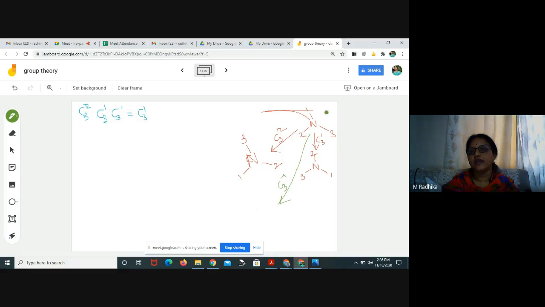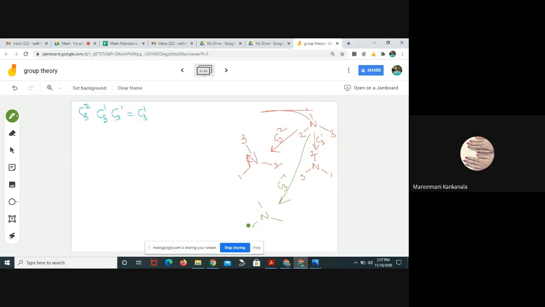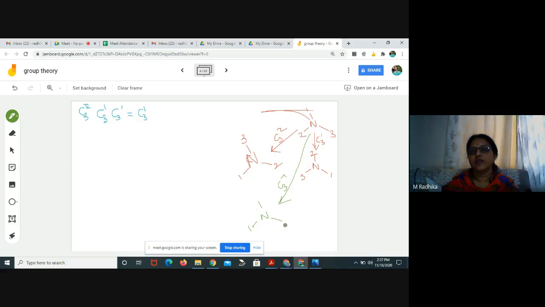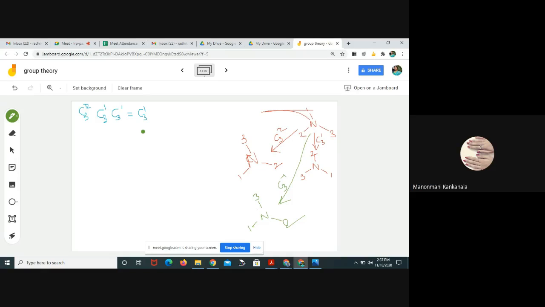Here I rotated clockwise, right? 1 is coming this side. When I do the inverse, where will the 1 come? Anti-clockwise rotation, yes. 1 will come to the left side. I will get 1 here, 2 here and 3 here. Are these two not the same? Yes, C3 minus 1. So the inverse of C31 is nothing but C32. Now do you understand why we are writing like this?